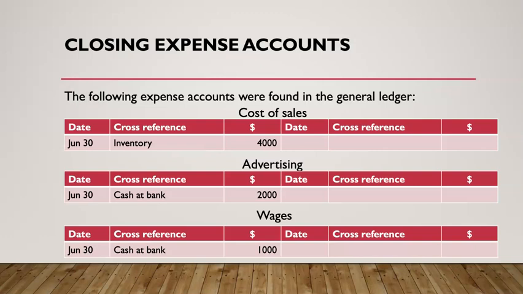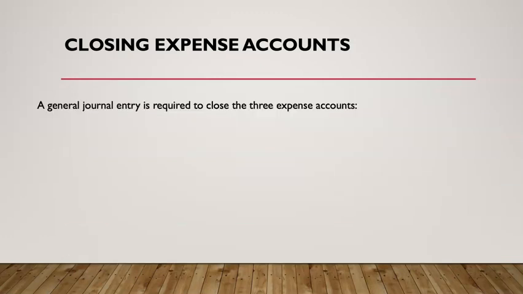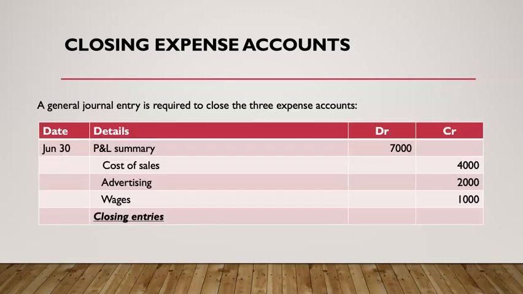So how will I make these expense accounts zero? Well, the only way to do that is to credit these accounts, because then the overall impact, the increase and the decrease, will balance out. So we need to do a general journal entry where we do this credit.